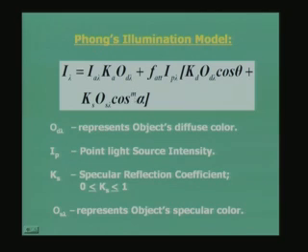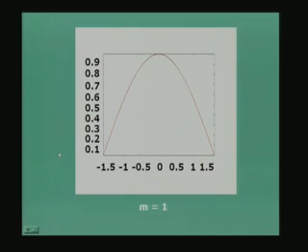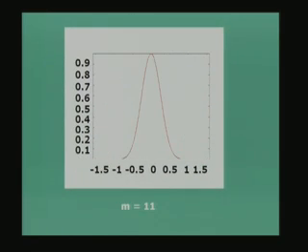The m will dictate the amount of specularity in terms of the Phong illumination model, and we know how m varies. When you vary m, what is the degree by which the light rays or the light intensity a viewer is able to see. This is the value of the cosine alpha, cosine cube, cosine to the power 11.